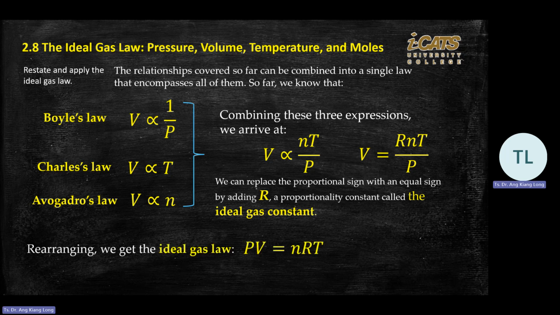We give you PV equal to nRT. I remember PV equal to nRT straight away. R is the ideal gas constant. The ideal gas constant will be given in the question. R is the constant.